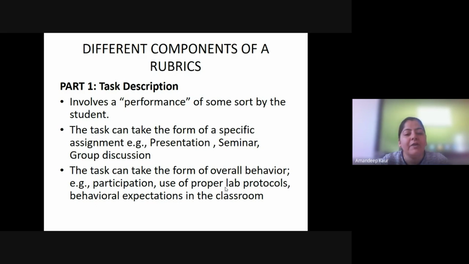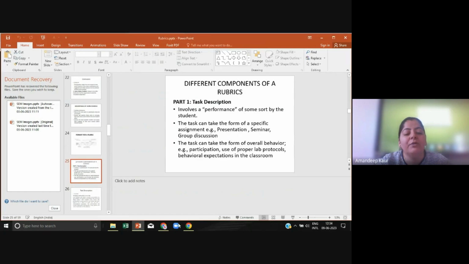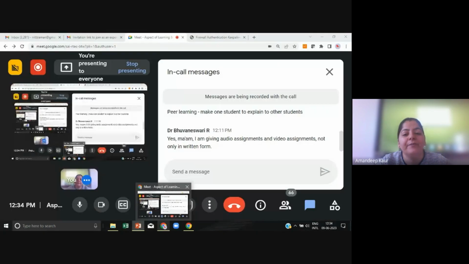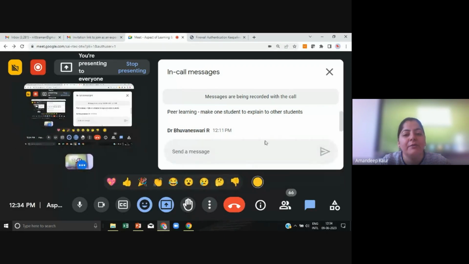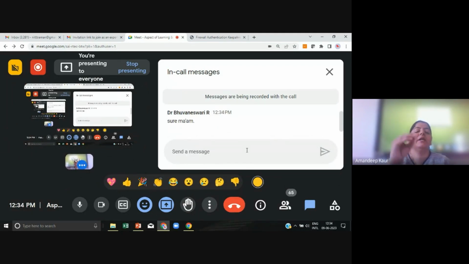Can I give a very small activity to all of you? Think of any activity or assignment that you need to give to your students and write a task description for that particular activity. For example, if you select a presentation skill activity, write the task description of that presentation skill. I hope the activity is clear.